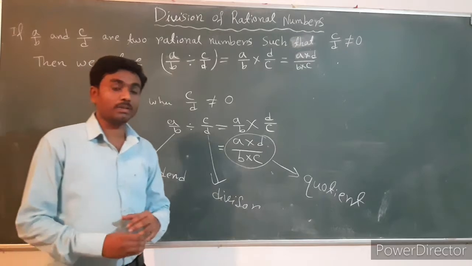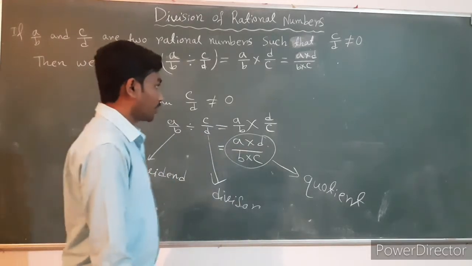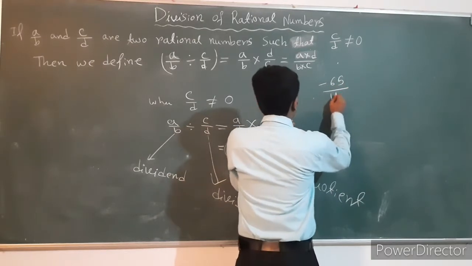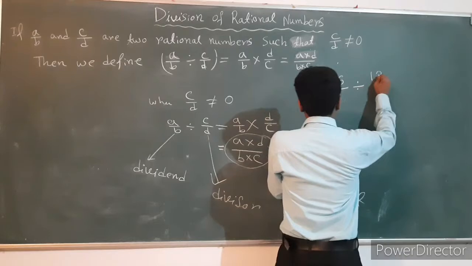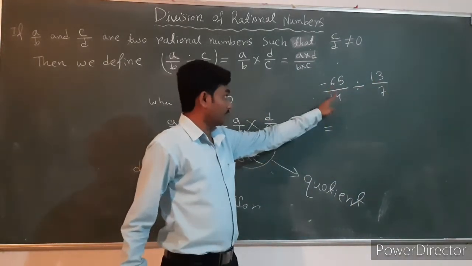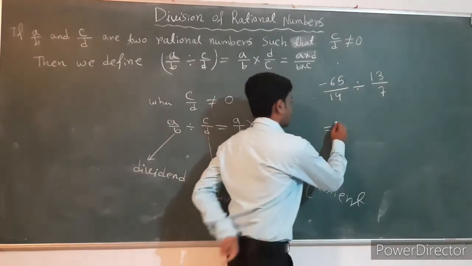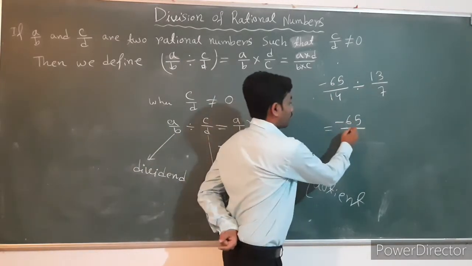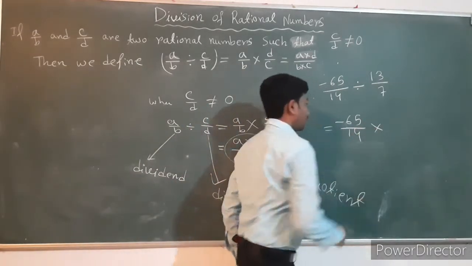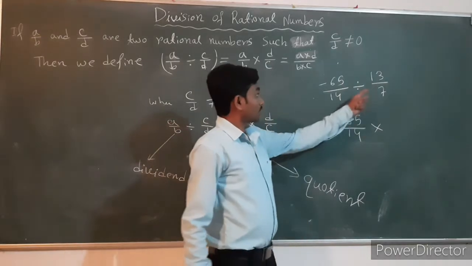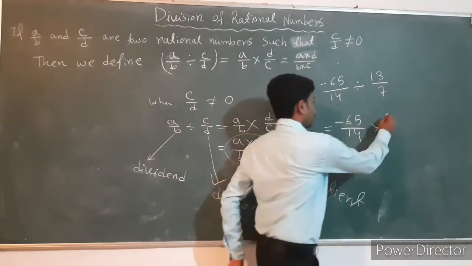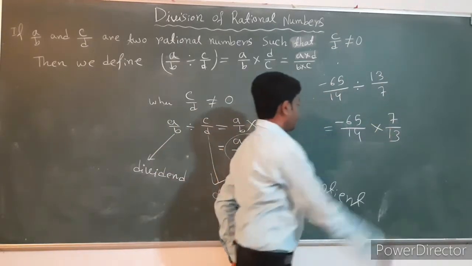So when we divide two rational numbers, for example, minus 65 upon 14 divided by minus 30 upon 7. First we write the dividend, that is minus 65 upon 14. Next we give a multiplication symbol, and next we write the multiplicative inverse of the divisor. It should be 7 upon 30.